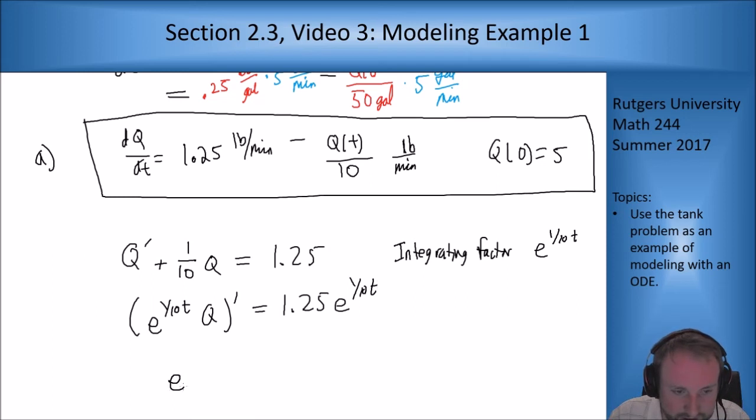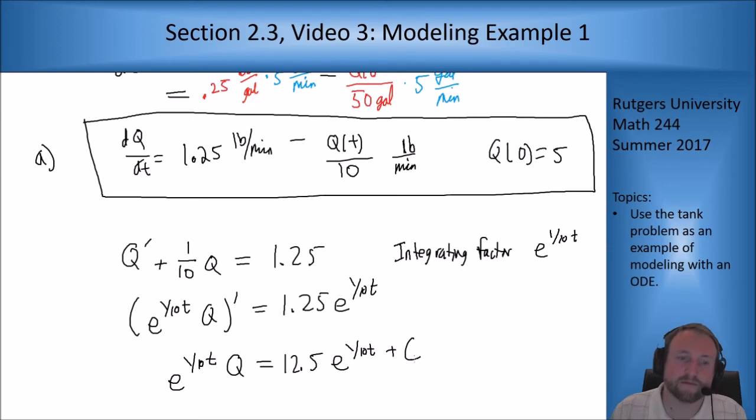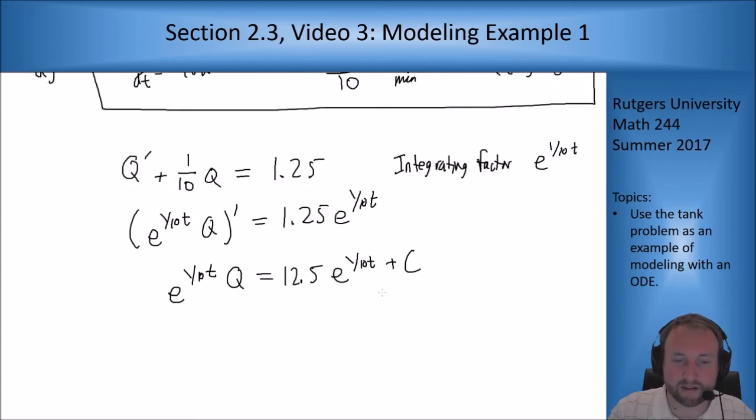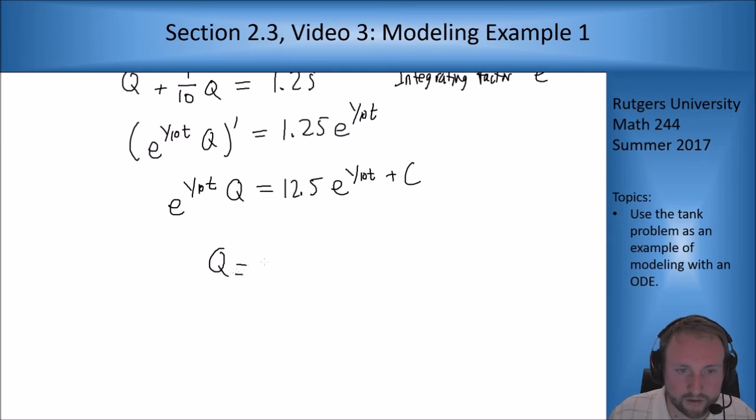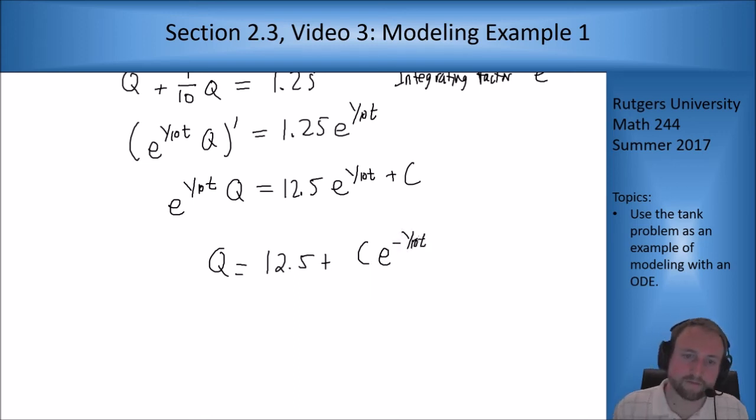I get e to the 1/10 t Q equals 12.5 e to the 1/10 t plus a constant. And now I can divide both sides by e to the 1/10 t. Q equals 12.5 plus c e to the minus 1/10 t.